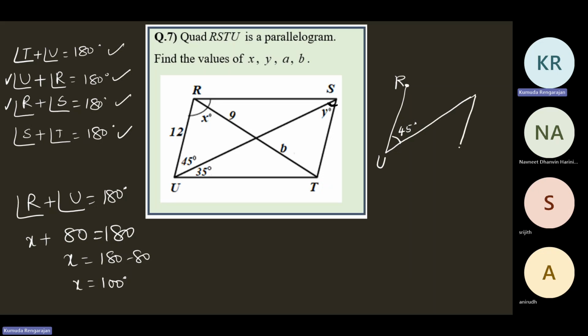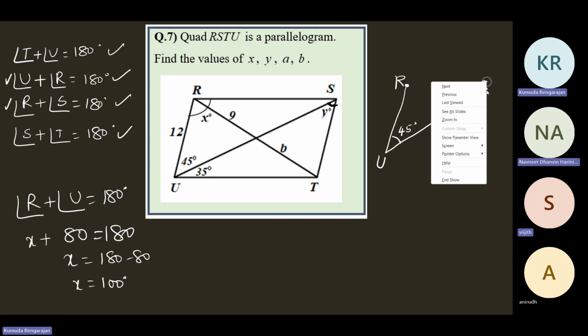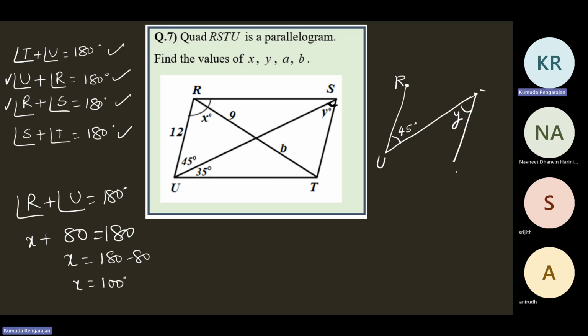Y is here. And what's the letter here? S. And here? T. So now tell me the parallel lines. RU and ST. Correct. And the transversal is US. RU is parallel to ST and US is the transversal.